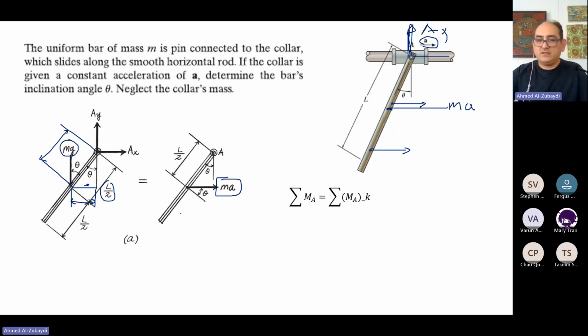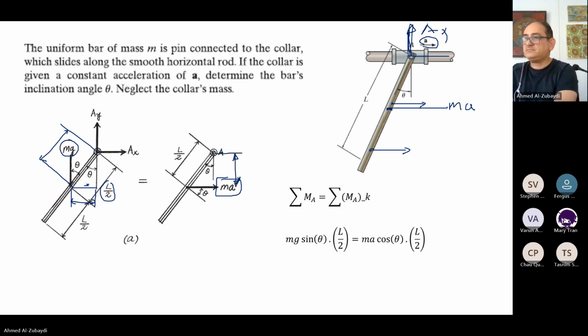So the equation is mg sine theta multiplied by L divided by 2. On the other side, I need to find that distance, which is equal to L divided by 2 multiplied by the cosine of theta. That's it, I have sine and cosine. I need to know what theta is.